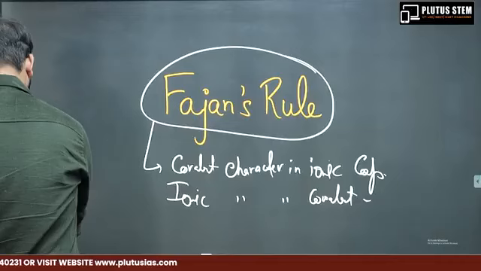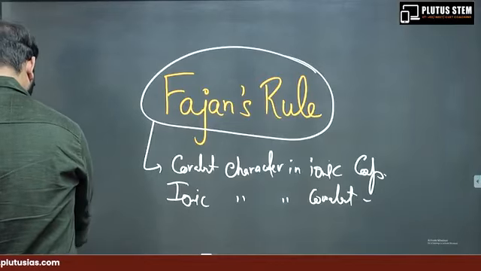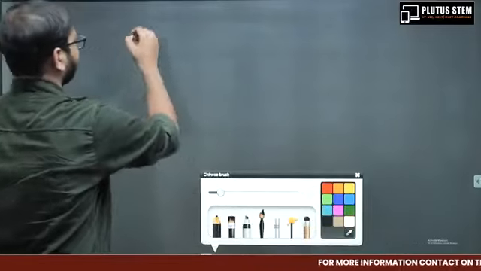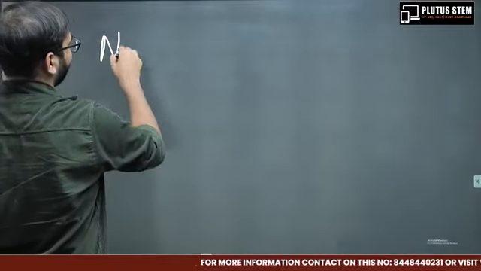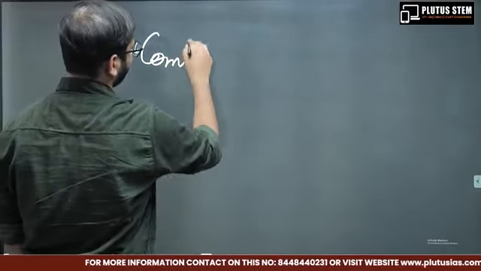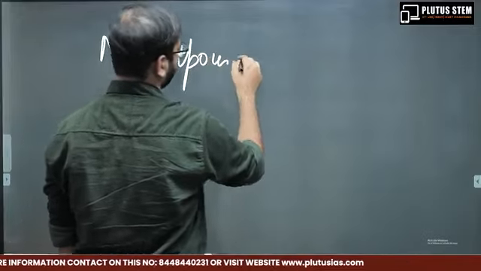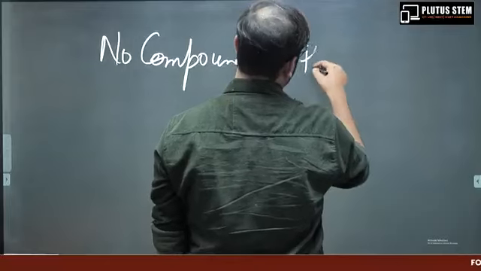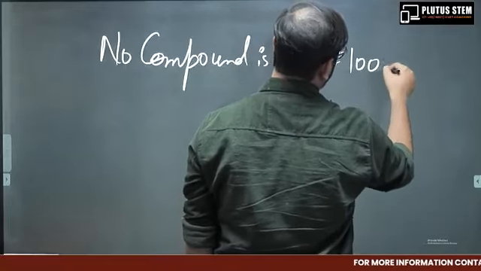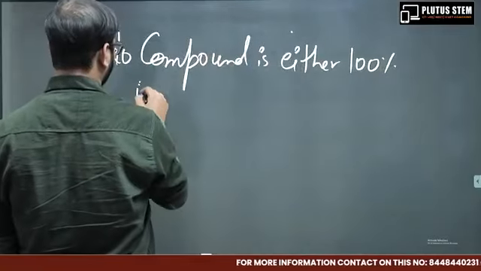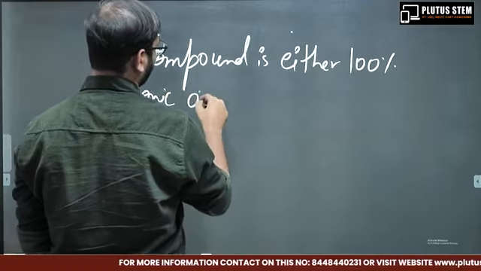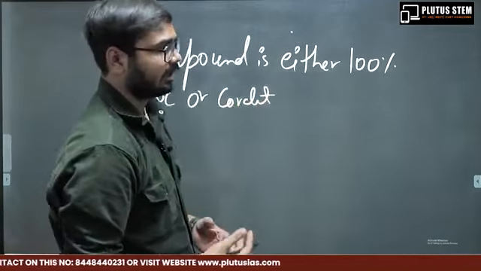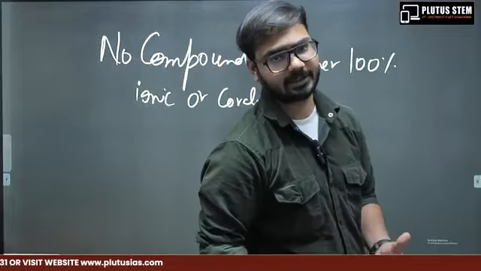As per Fajan's rule, no compound is either 100% ionic or covalent. That means ionic compounds have some covalent character and covalent compounds have some ionic character.